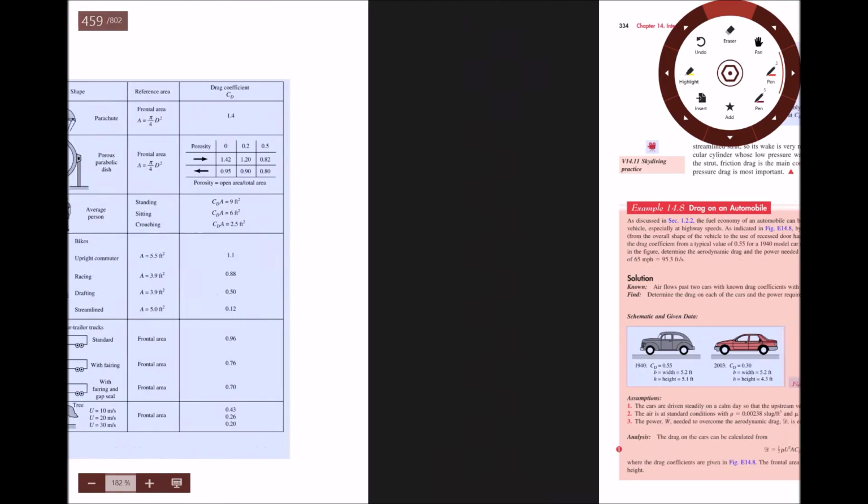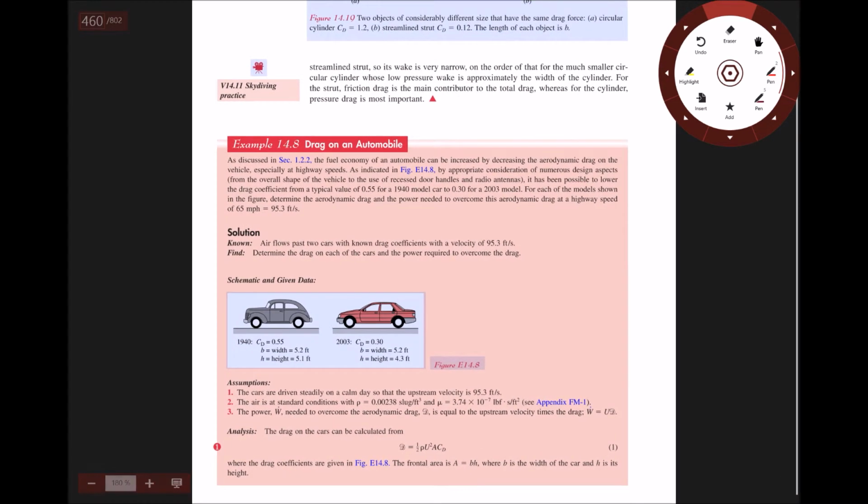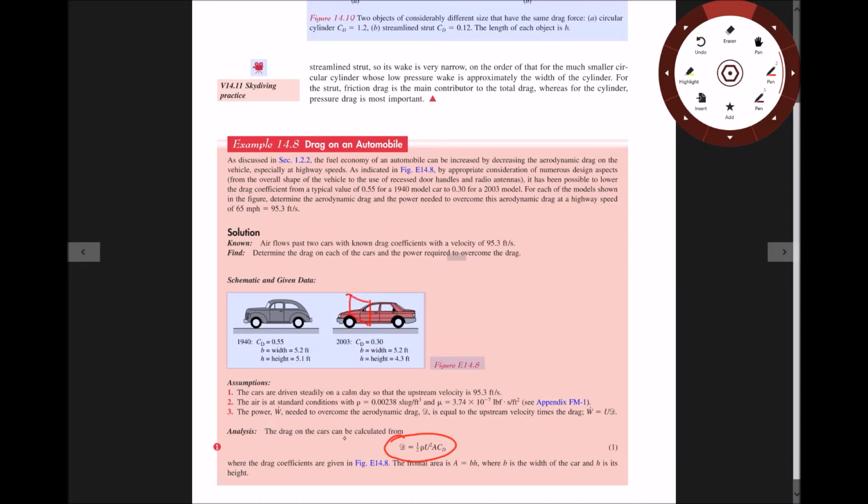Final example, the drag of an automobile. This is a straight application of this equation. We are given pretty much everything. What I want to point out is that A is the front cross-sectional area, so it is practically your height multiplied by the width of the car.